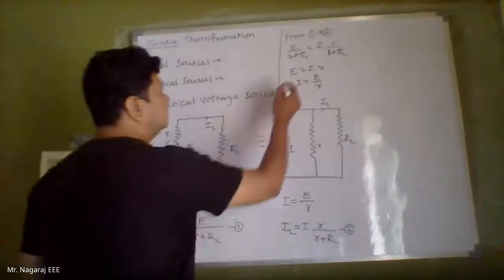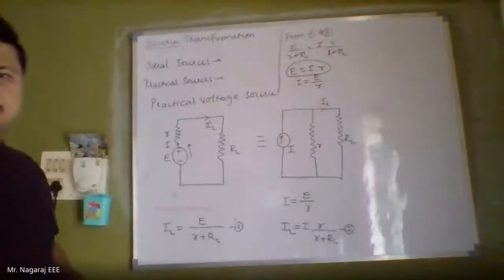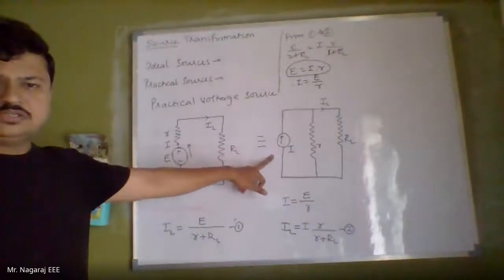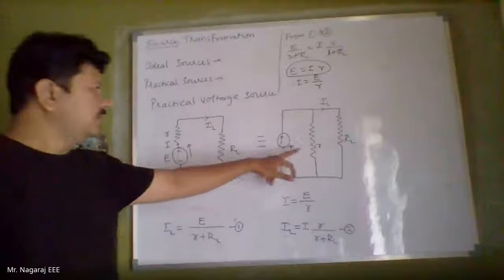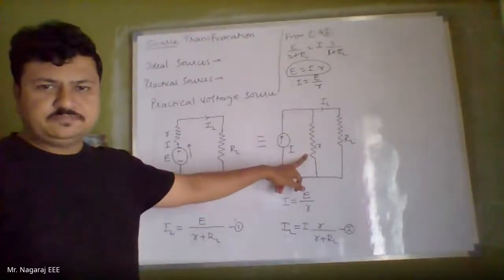The value of E is the source value of the current source, I, multiplied by the internal resistance that is in parallel with the current source.